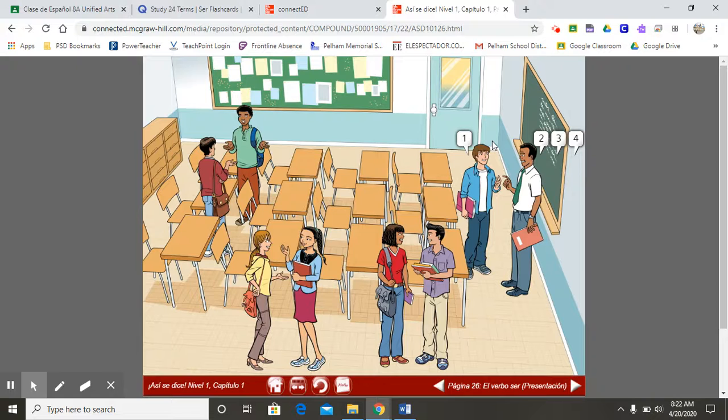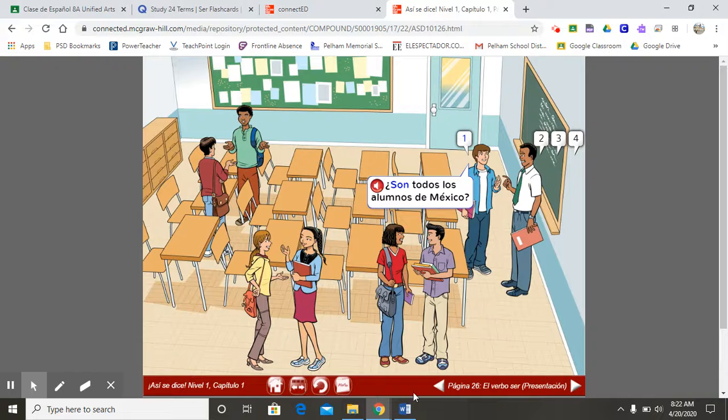All right. Let's see, the boy says, son todos los alumnos de México. Now here you might want to do something quick. You might want to look at the chart and look at the form of the verb son and see who he is talking about. All of the students from Mexico.